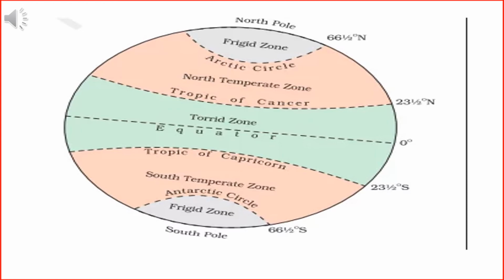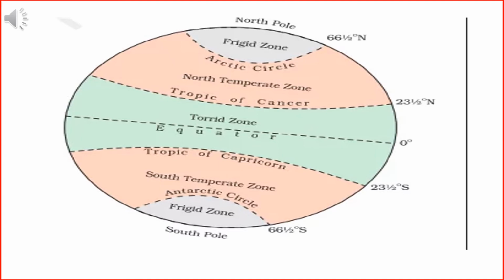The line that runs at 66.5 degree north is the Arctic Circle, and the line that runs at 66.5 degree south is the Antarctic Circle. So you can see the full view, the North Pole, South Pole.